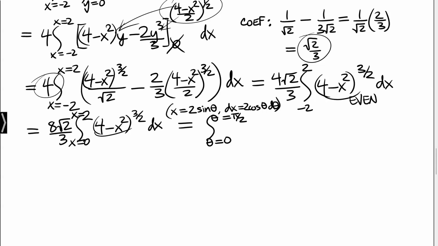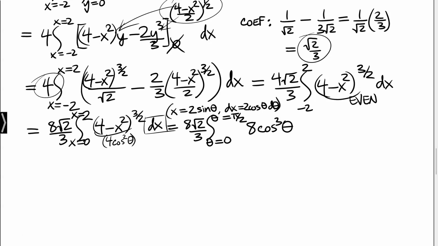All of this is 4 minus 4 sine squared. So this is all 4 cosine squared. And then we're raising it to the 3/2. So that's going to be 4 to the 3/2. Oh, I left off my constant. Let's not forget our 8 root 2 over 3. Sorry about that. So we have 4 to the 3/2, which is 8. So let's just write 8. And we've got cosine squared to the 3/2, which is cosine cubed, times dx.